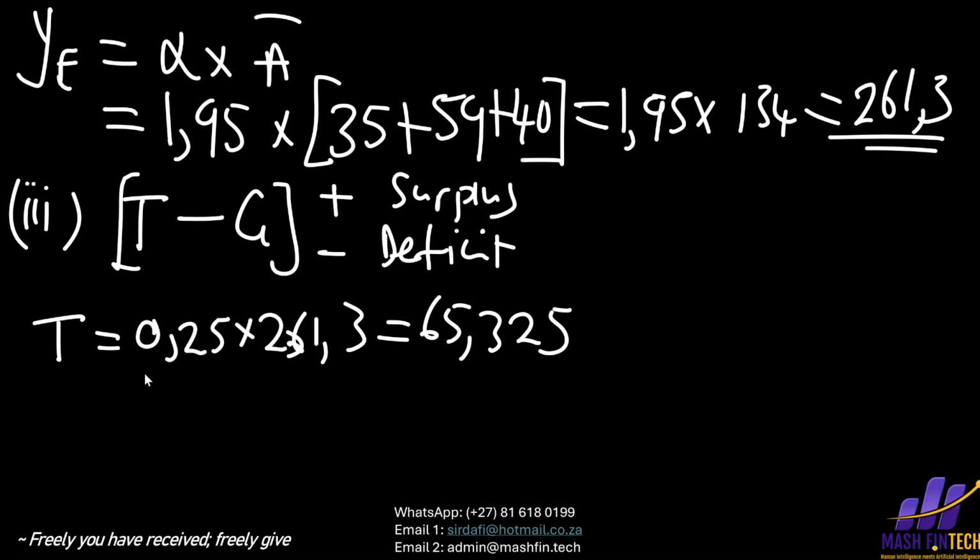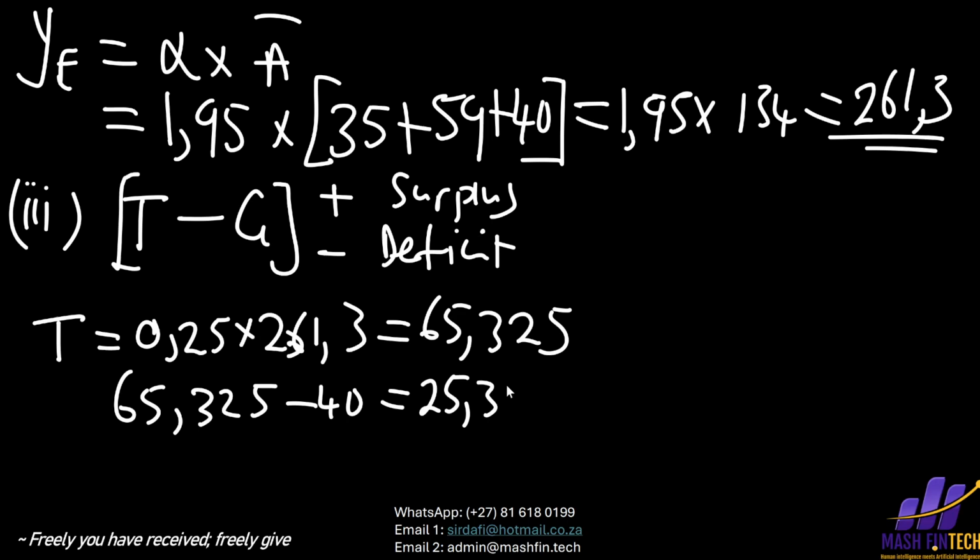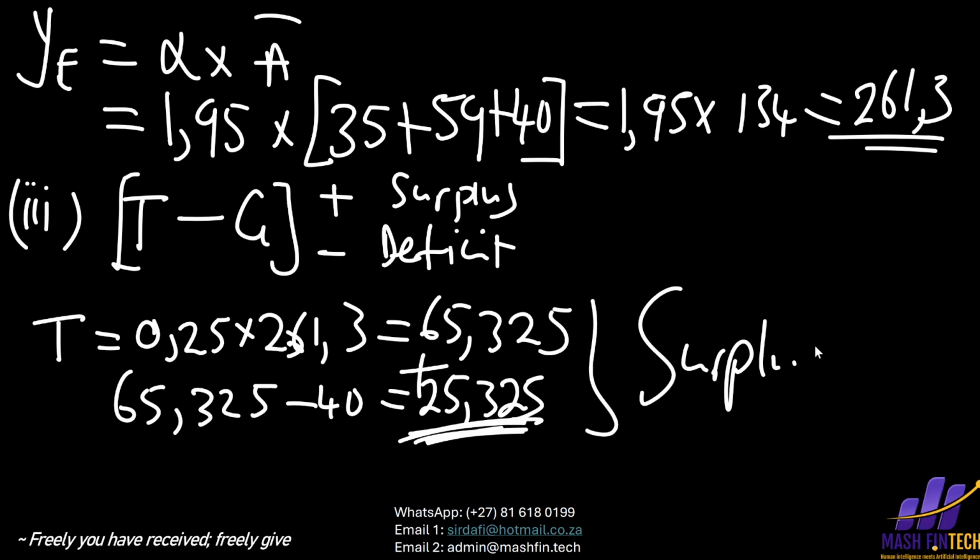So we go here, we then say 65.325 minus 40. We have 25.325. What this means is that this is a positive number. So this government has a surplus on its budget.